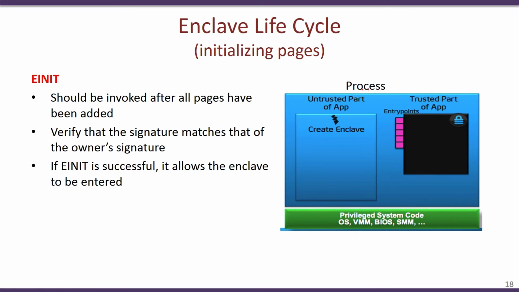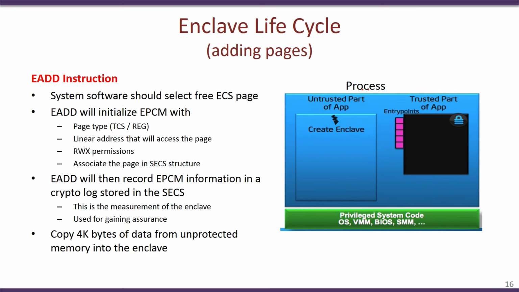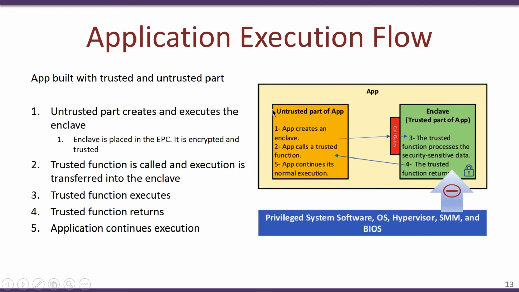So, the first step involves ECREATE, EADD, EEXTEND and EINIT. These 4 steps are all done by the operating system, by applications invoking system calls and requesting the operating system to create this enclave.